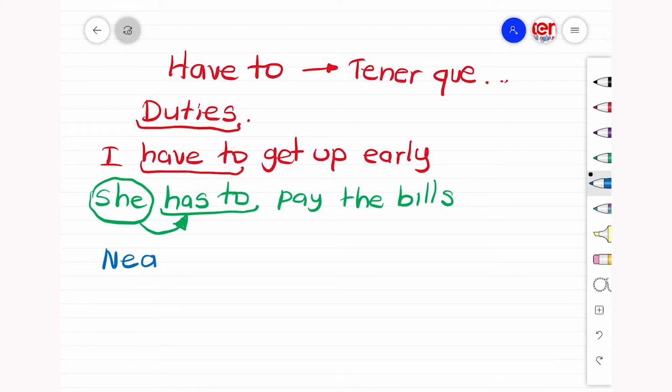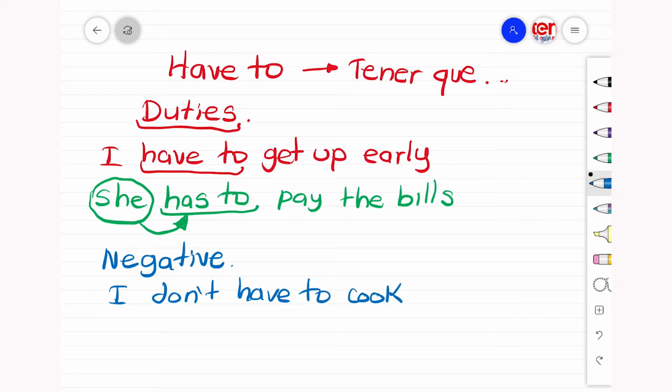Pero si estoy hablando en forma negativa, revisemos que hay una gran diferencia comparado con el must. Acá voy a decir, I don't have to, no tengo que. I don't have to cook every day. No tengo que cocinar todos los días. Or, she doesn't, tercera persona, utilizo doesn't, ¿verdad?